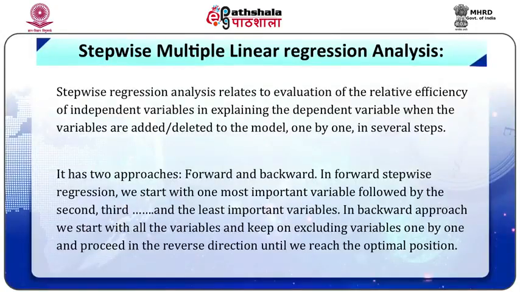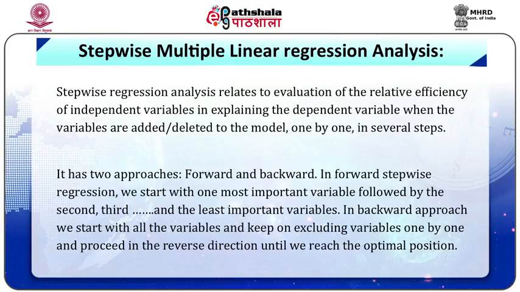Stepwise regression analysis relates to evaluation of the relative efficiency of independent variables in explaining the dependent variable when the variables are added or deleted to the model one by one in several steps. It has two approaches, forward and backward.